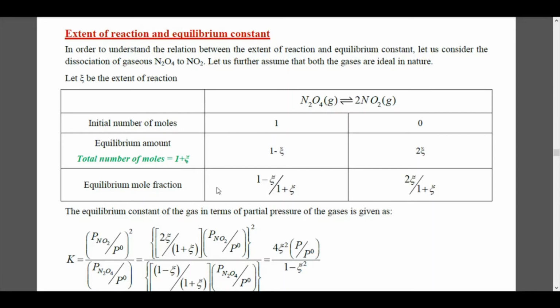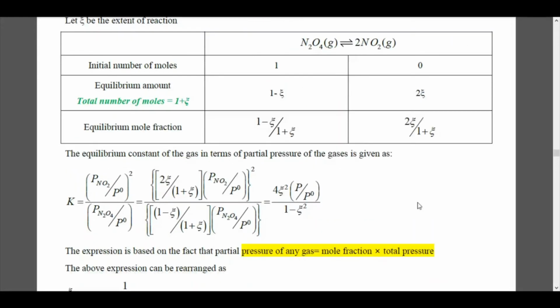So what will be the mole fraction at the equilibrium state? What is the definition of mole fraction? The definition of mole fraction is number of moles divided by total number of moles. So for reactants, the mole fraction is 1 minus xi by 1 plus xi. For products, it is 2 xi by 1 plus xi. Now suppose I want to determine the equilibrium constant.